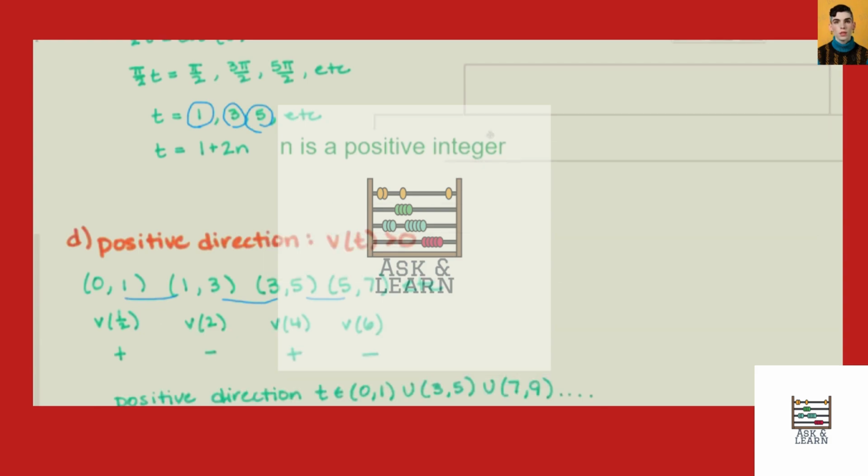When it's positive, the particle is moving in the positive direction, and when it's negative, the particle is moving in the negative direction. So now we know the particle is moving in the positive direction from time 0 to 1 second, from times 3 to 5 seconds, 7 to 9 seconds, and so on, going on toward infinity.